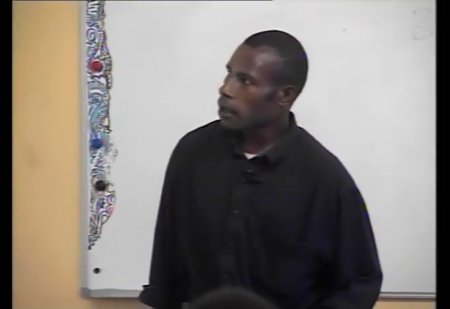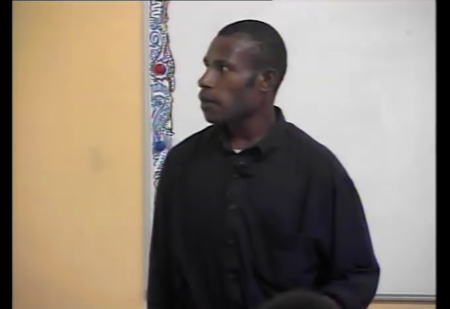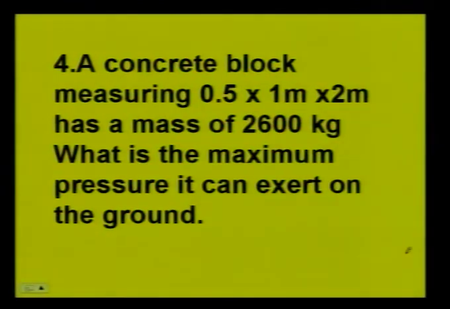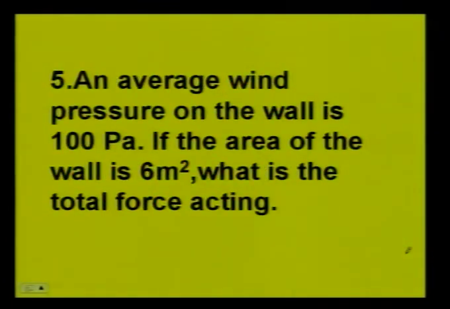You find that a concrete block measuring 0.5 by 1 by 2 has a mass of 2,600 kilograms. What is the maximum pressure it can exert on the ground? Now, question number 5: you have a wall in place, and a wind pressure of about 1,100 pascals. If the area is 6 square meters, what is the total force acting on this wall?